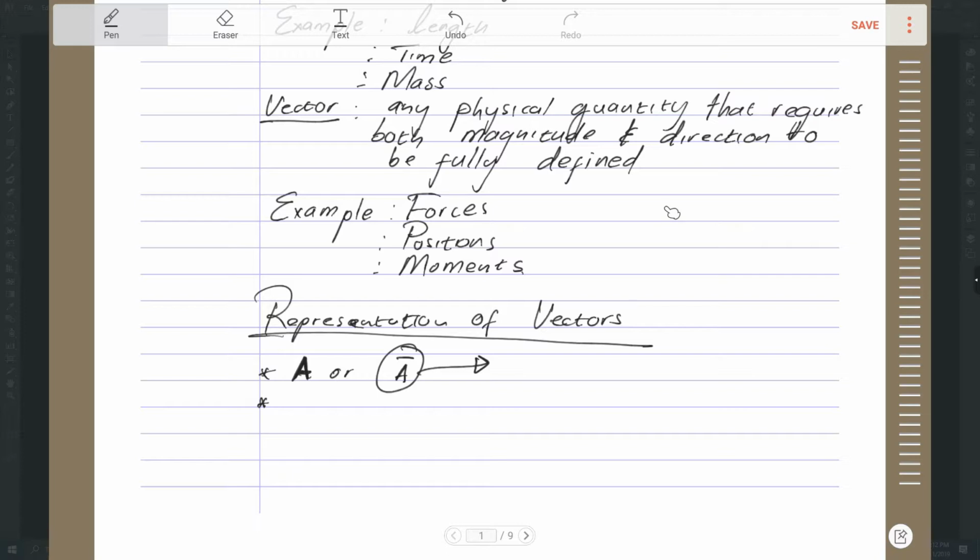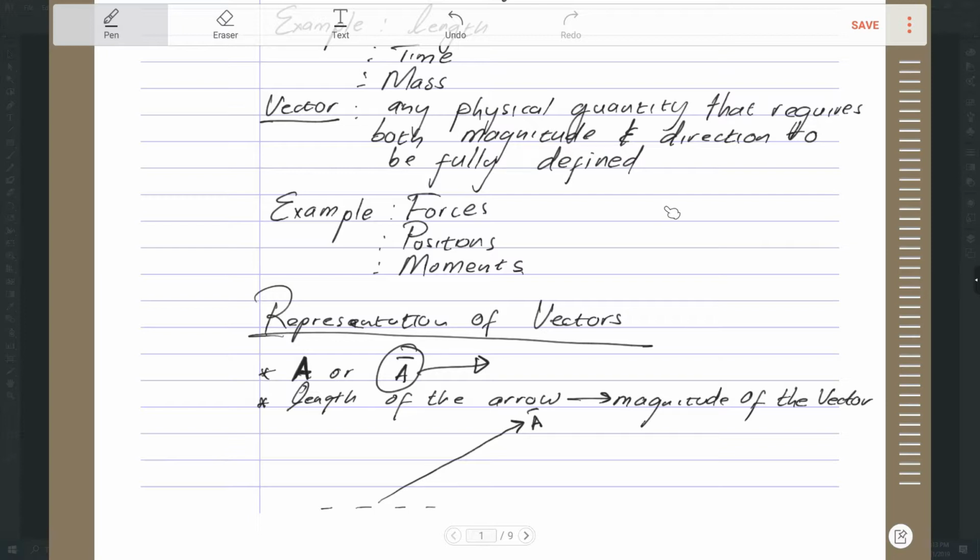Secondly, note that the size, let's just say the length of the arrow, represents the magnitude of the vector. Right, so let's say we have a vector given in this form. Let's call that vector A. So use an A with the bar at the top.